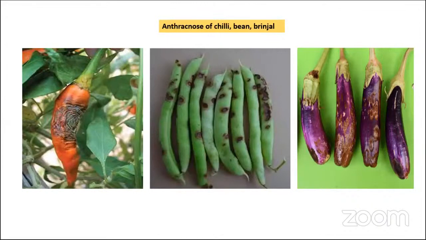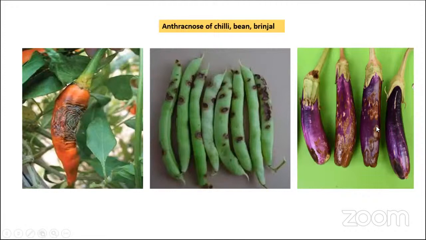You can see in the picture that concentric rings appear on the fruits of chili. Similarly, concentric rings occur on beans. These concentric rings or lesions join together and cause complete damage to the beans. These are brinjals affected by anthracnose.